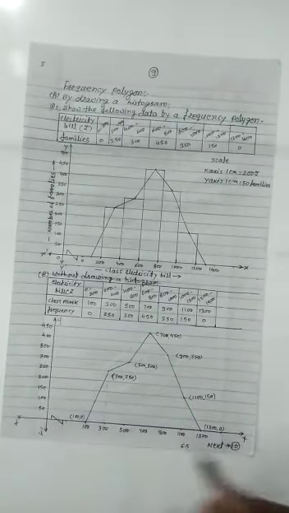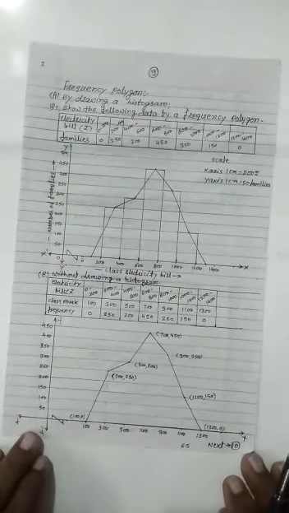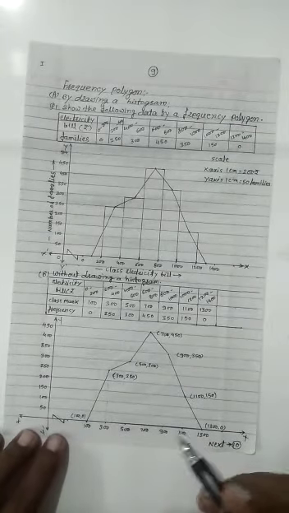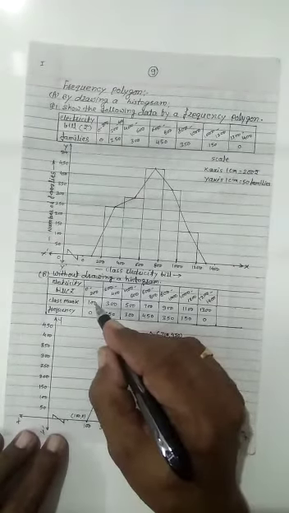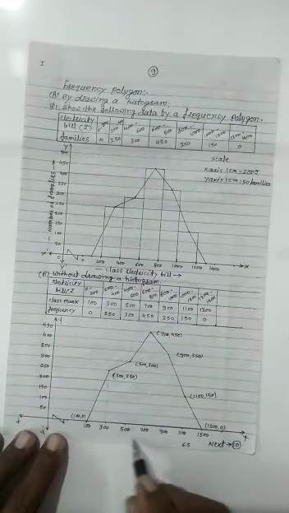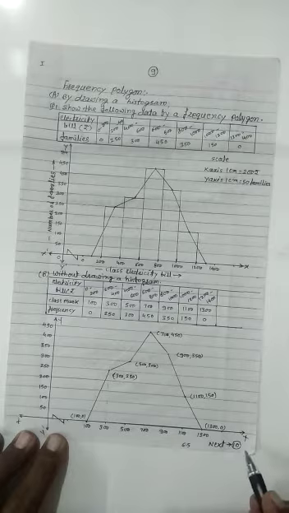Then draw the x-axis and y-axis. In the xy plane we take a point using the class mark and frequency. Here the class mark is on the x-axis and frequency on the y-axis.